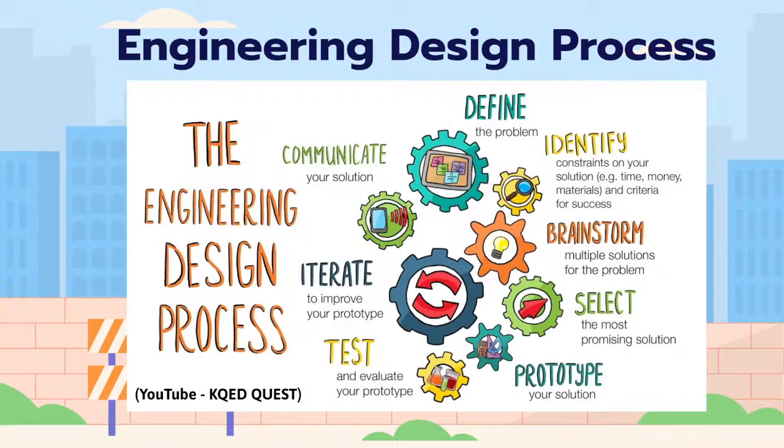So, a major part in engineering is the engineering design process. Okay, can you guys say it together, please? The engineering design process. Okay, so first thing in the engineering design process is defining the problem.